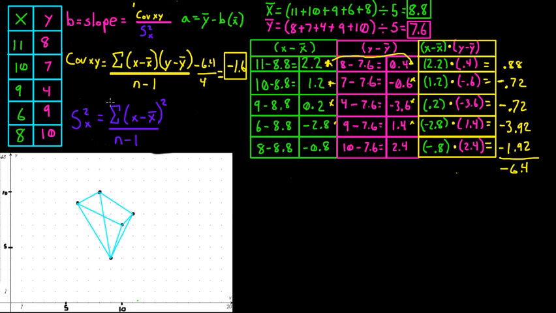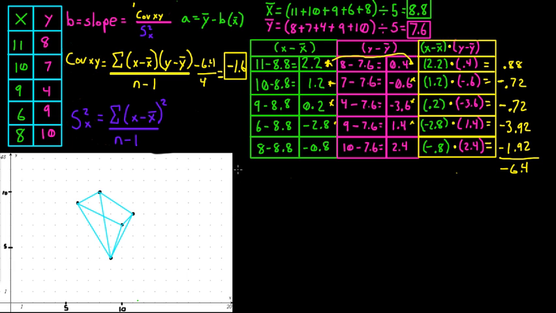Now we need to find the variance, and for this, this is what you call the sum of squares. What you do is you take x minus x bar and then you square it. Well, we already have the x minus x bar values. They're right here in this column, so we just need to square those.